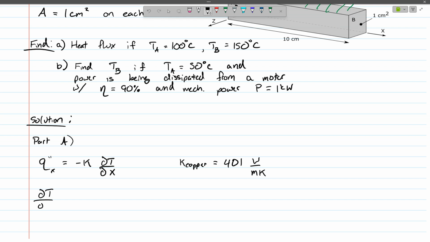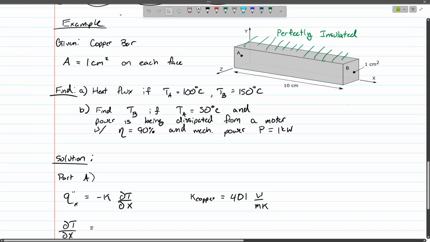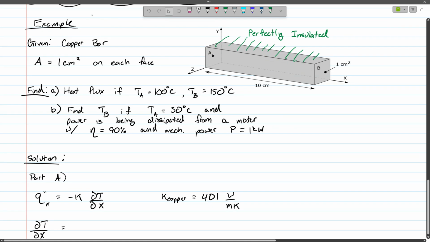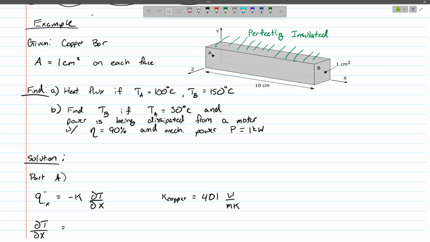Partial T, partial x. And given what we're given here, how could we estimate that? Are there any thoughts on what at least a rough approximation might be to the temperature gradient, or how we might find it? Yeah.